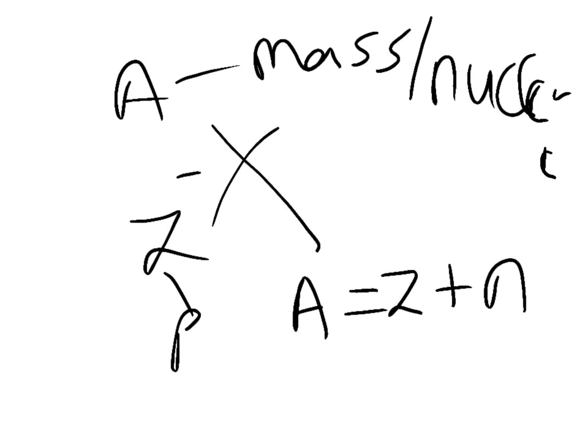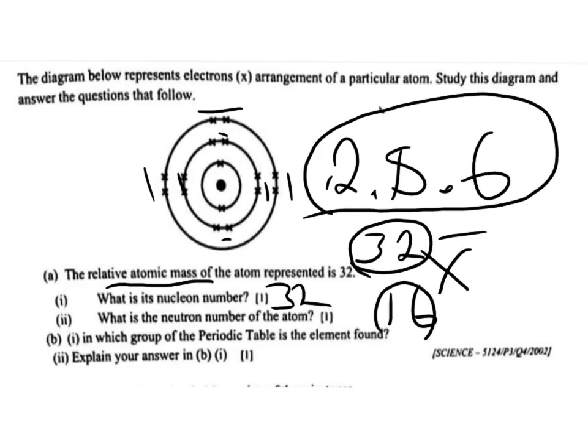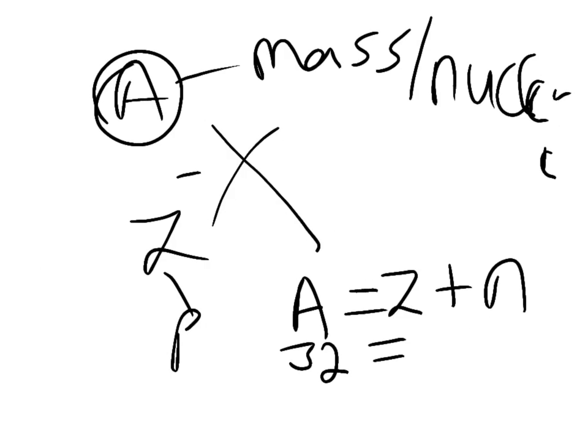So the mass number is the number on top. So what do you have? You have 32 is equal to, this is the proton number, which is Z, the number that is down. So it is 16 plus the neutron number. So don't get confused, the nucleon and the neutron.